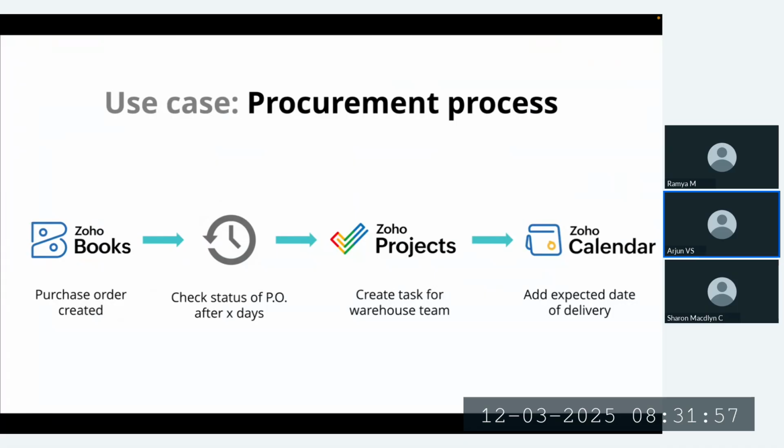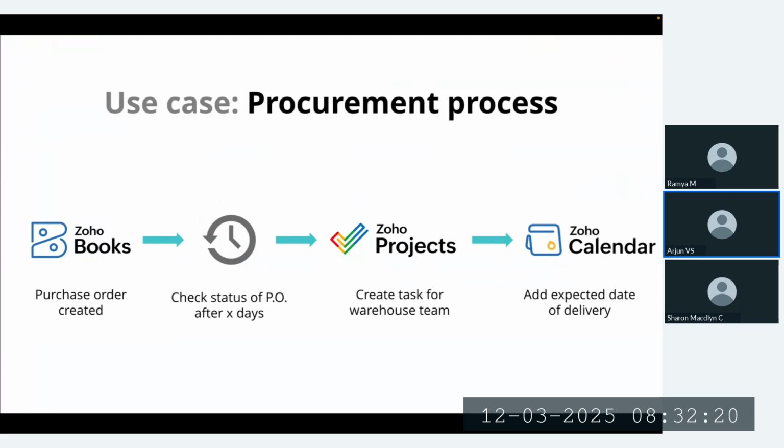So imagine that whenever a purchase order is created, it's created with a 7-day expiry, before which the vendor has to bill that purchase order and approve it. So what we need here is that when the purchase order is created, we need to wait for that 7-day expiry period.